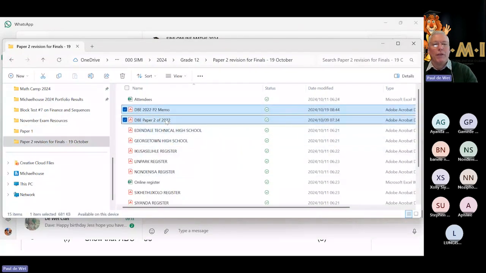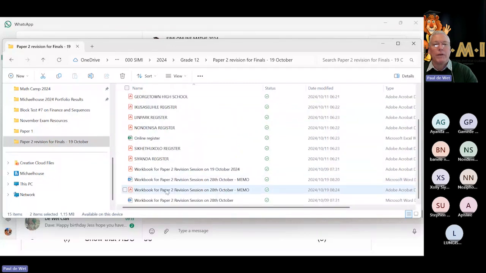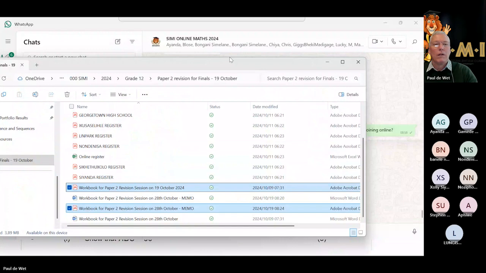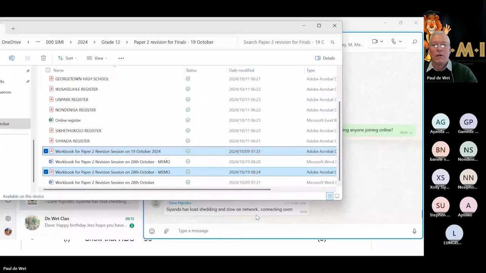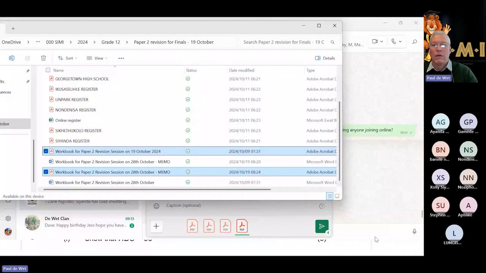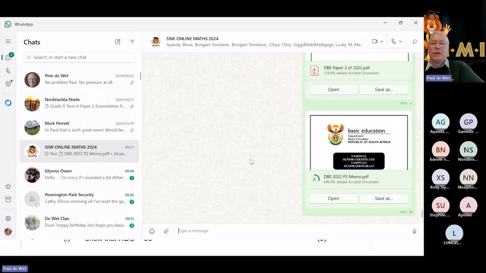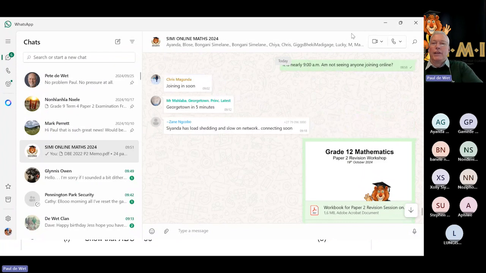I'll also put the soft copies of the workbooks. Okay, I've put the memos and the workbooks on the online group.